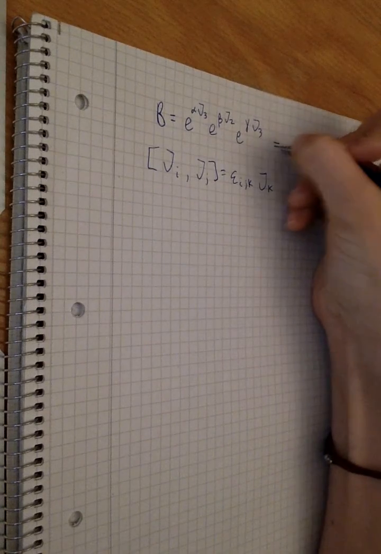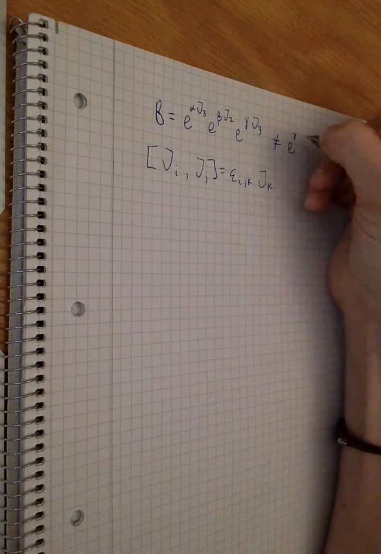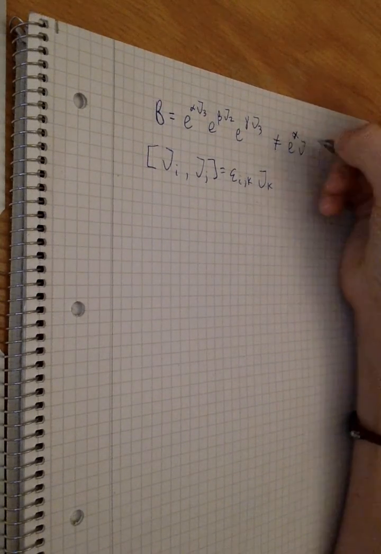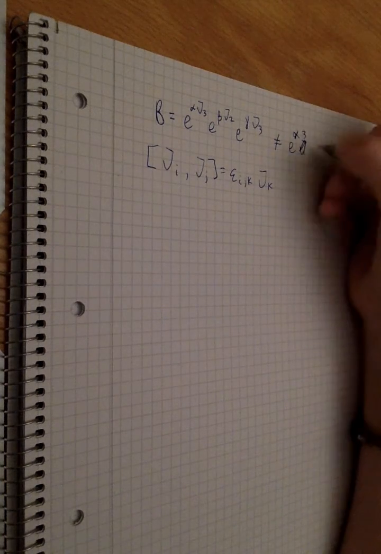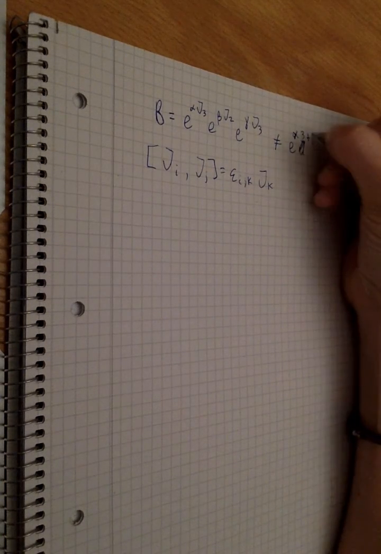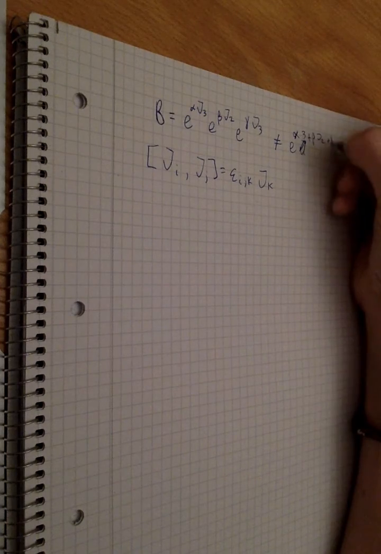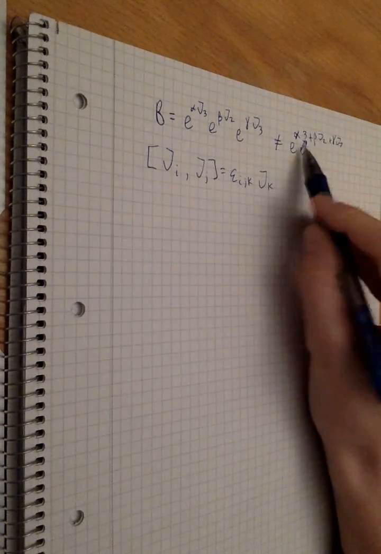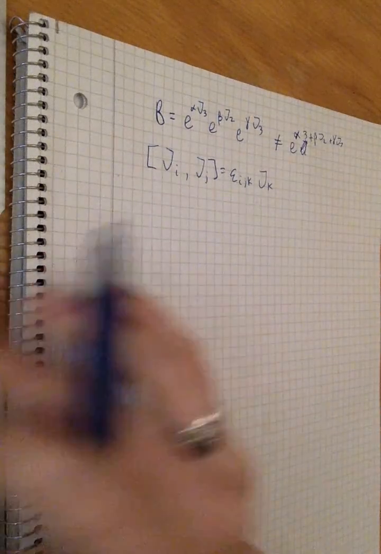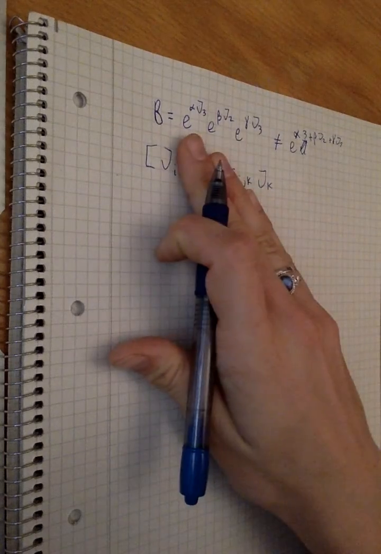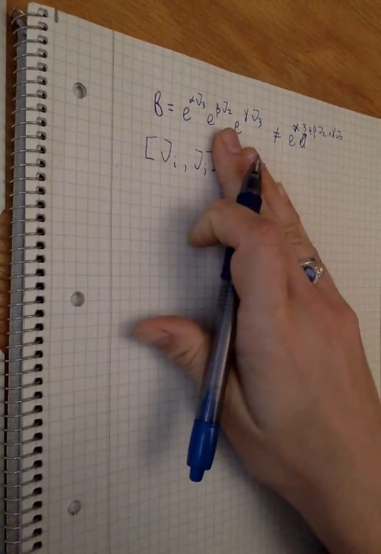So that means that this does not equal e to the alpha J3 plus beta J2 plus gamma J3. It does not equal that, because addition is always commutative, and this would reflect that we lose the information that these can't multiply.